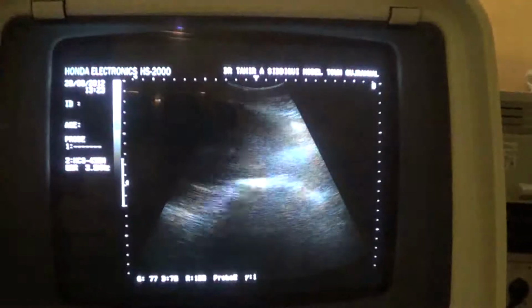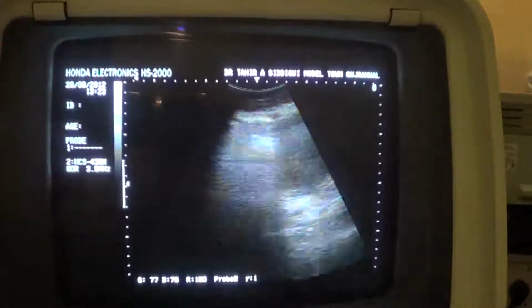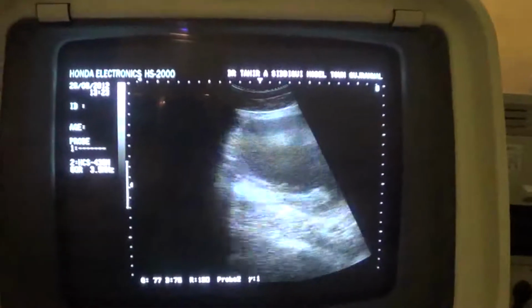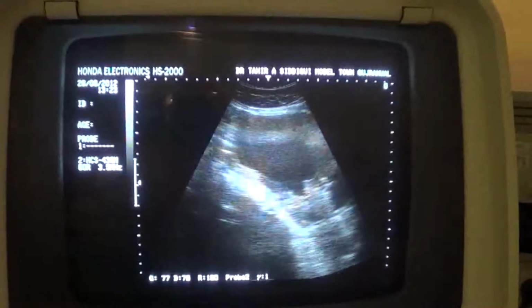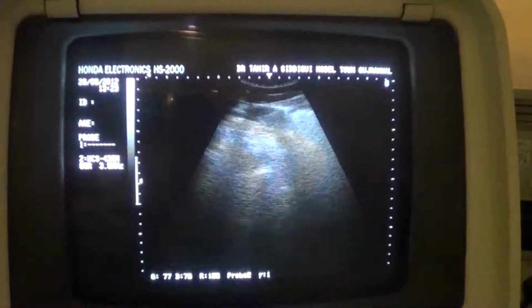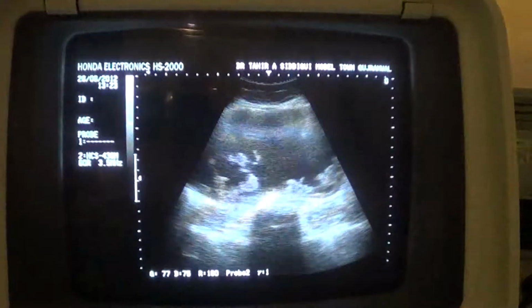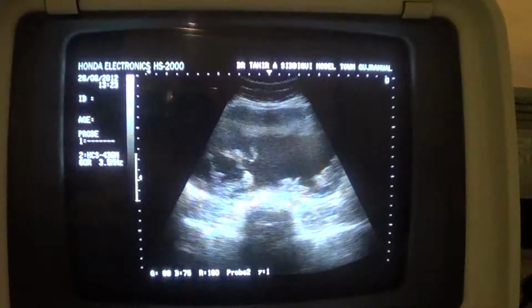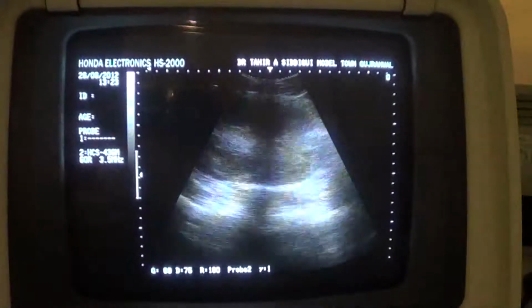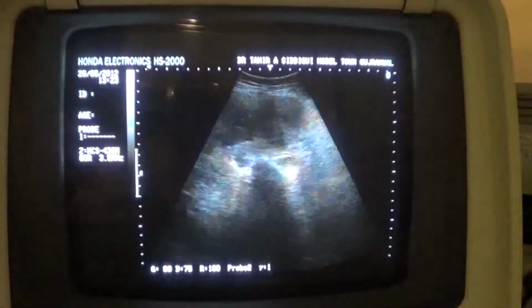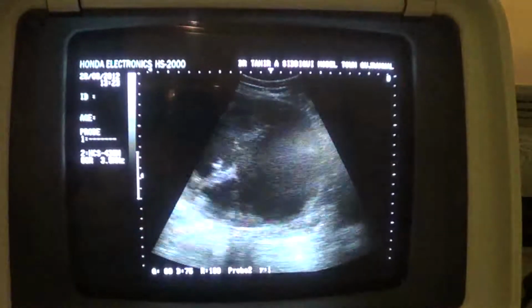This is, I am at the umbilical region. Now here I am at the epigastric region. So it can be traced in the midline from the epigastric region up to the pelvic region.